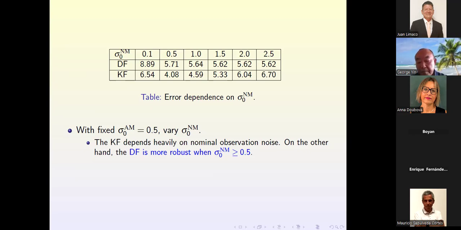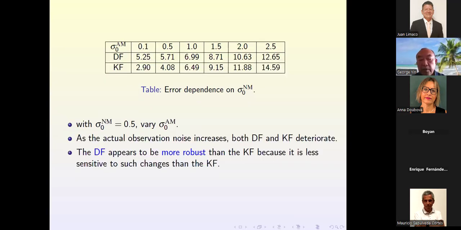So in a way, even if you assume the nominal model is not very accurate, it's not a problem. We can still obtain good calculation results. That's the upshot of that.